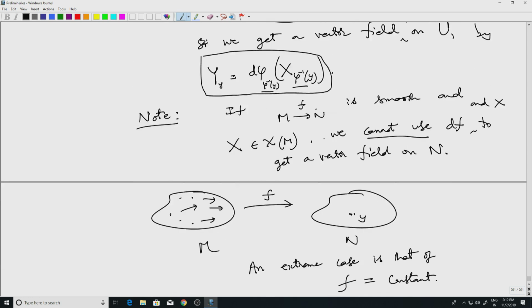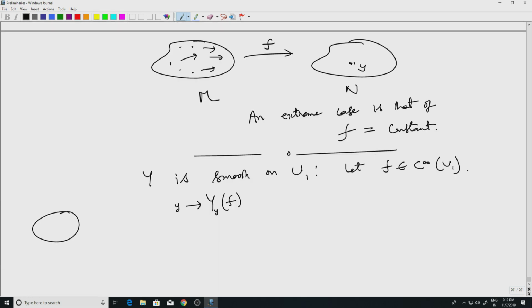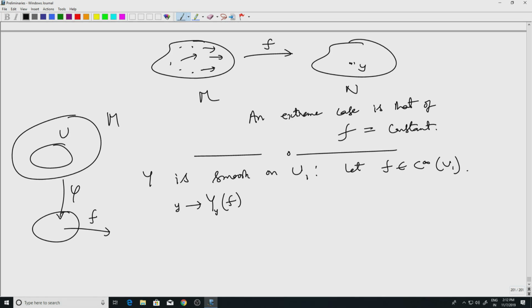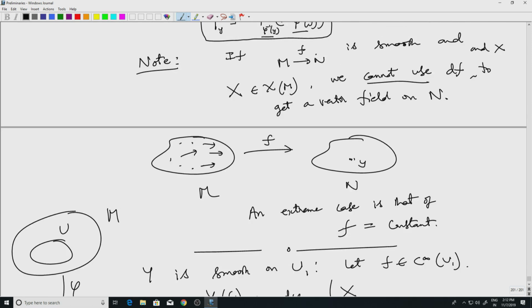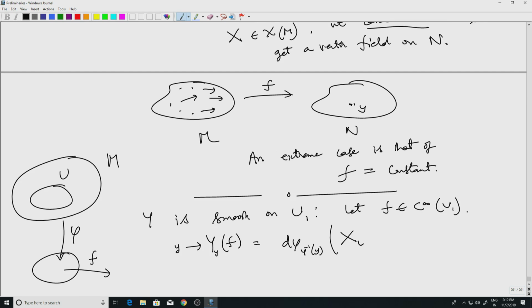I have a function f here. This is phi. This is U sitting inside M. So this by definition is whatever I wrote down here, d phi at phi inverse y acting on X at phi inverse y. The whole thing should act on f.